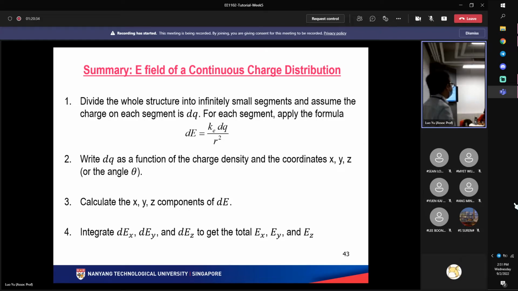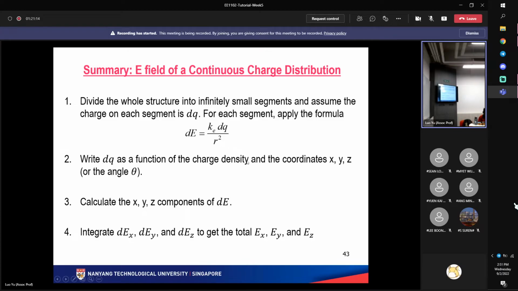So first, I would like to use a summation method to get the total electric field due to continuous charge distribution. You always start with Coulomb's law: dE due to an infinitely small part of this continuous charge. dE always equals k e dq divided by r squared. Once you get dE, you have to decompose. But first, you have to write dq. This is the first important step.